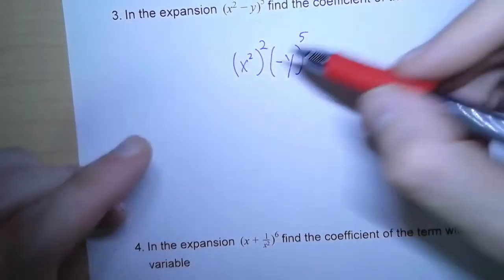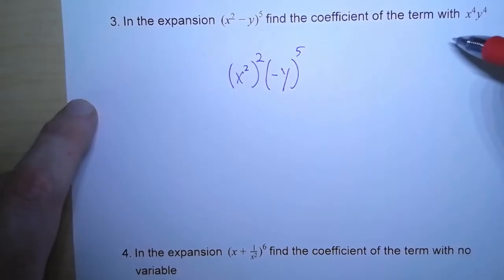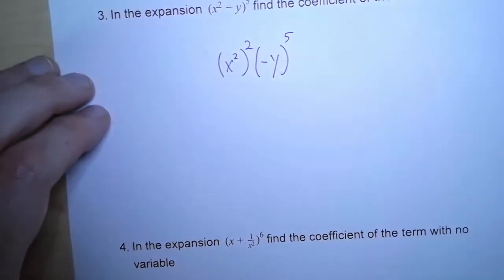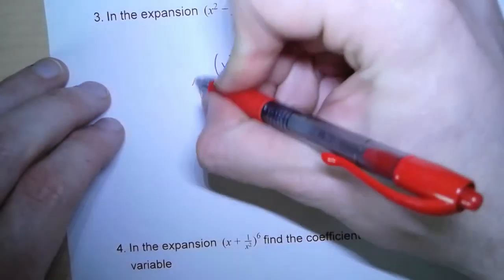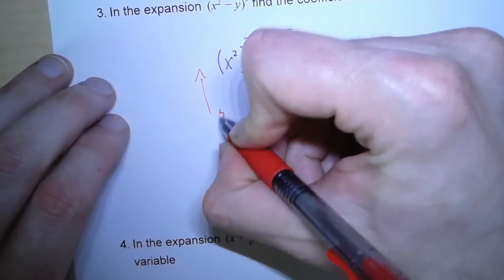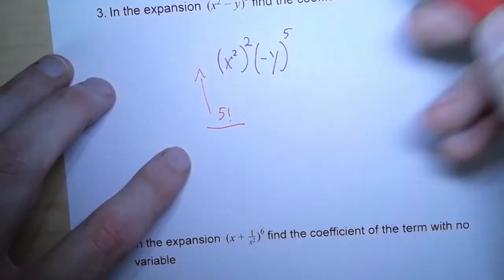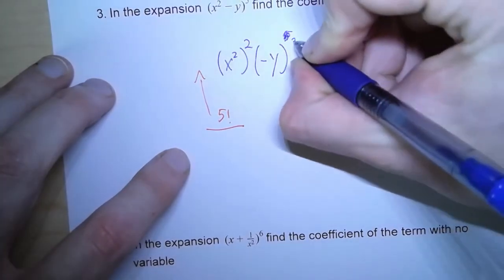Now notice that you don't actually have to write out all the other terms that come before it and after it. If you can identify what the powers will be to give you the term you want, you can just go ahead and do that. Now as far as the coefficient out in front, it's going to be 5 factorial over... my mistake, that shouldn't be a 5, that should be a 3.